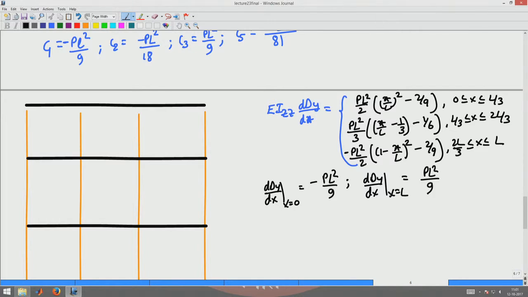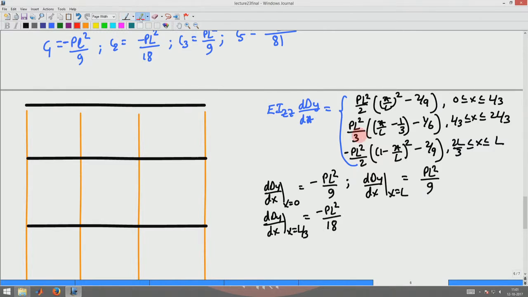Okay. So, now similarly d delta y by dx at x equal to L by 3 would be minus PL square by 18.